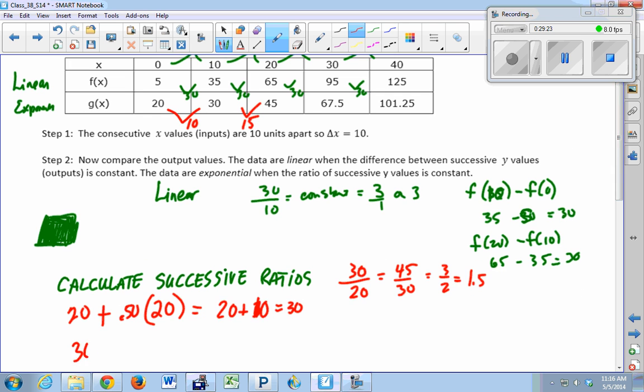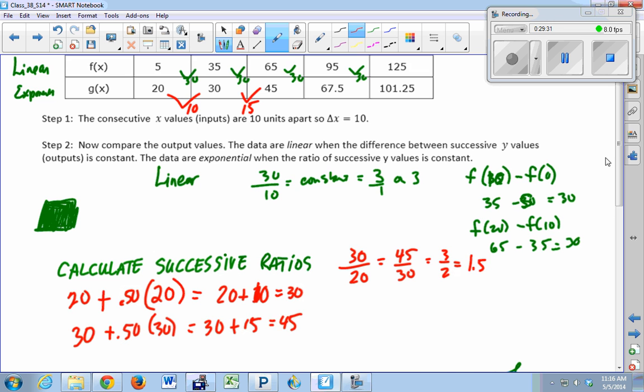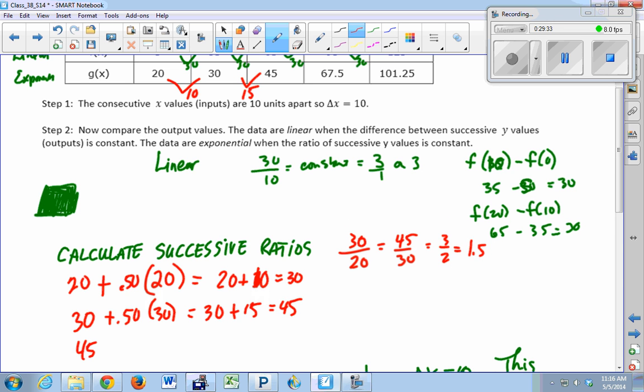If you start with 30 and you add half of 30, you get 30 plus 15, which is 45. If you now start with 45 and you add half of 45, you get 45 plus 22.5, you get 67.5. So she noticed an interesting thing. We'll get to that in a minute.